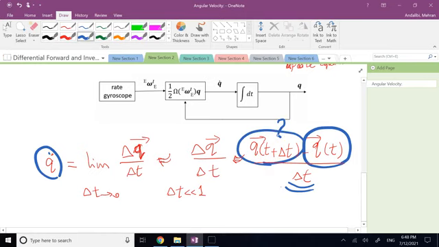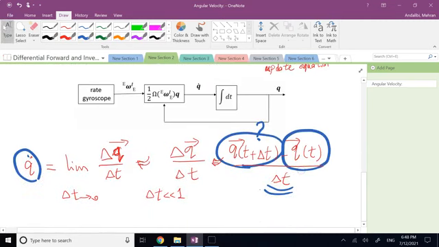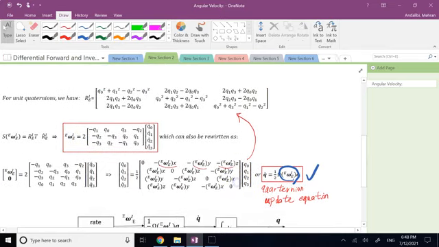So if I start from some initial Q, which comes from the initial angles of the airplane, let's say when it is on the ground, by reading the gyro values all the time, the omegas coming from the gyro, and with the sampling time, you can keep updating your quaternions, which means you can keep updating your rotation matrix. So you can always keep track of your angles.